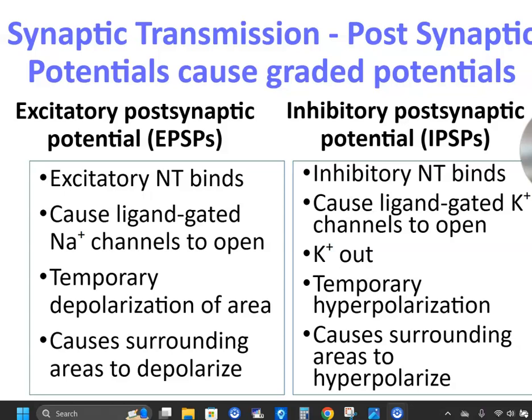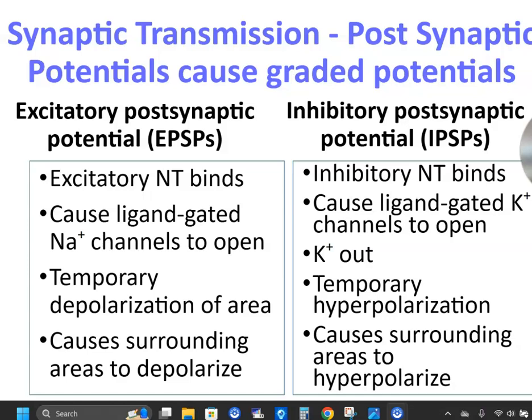These excitatory neurotransmitters bind and cause ligand-gated channels to allow sodium in, and there's a temporary depolarization of the area, and it's going to cause the surrounding areas to depolarize. So basically, it's going to cause an excitatory local potential to move from one place to another until it goes to the axon hillock.